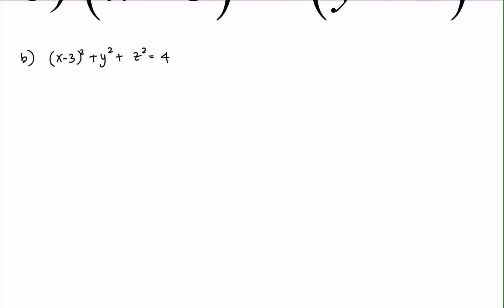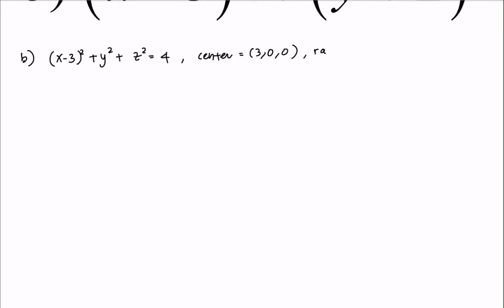Basically this graph is already shifted, so the center is no longer at 0, 0, 0. The center is at 3, 0, 0. Now you can imagine the center of the sphere is at 3, 0, 0. It's not the same as before, which was the origin.